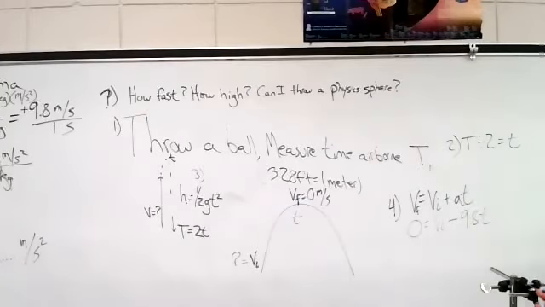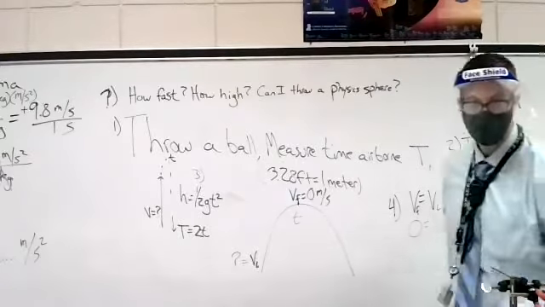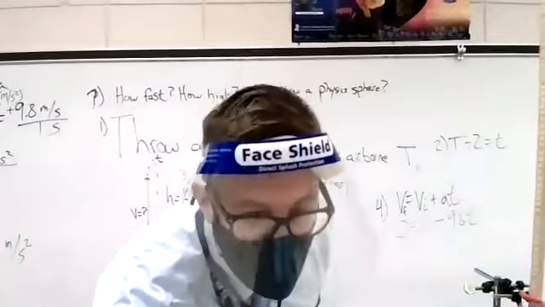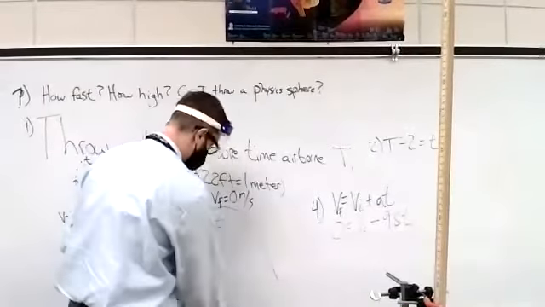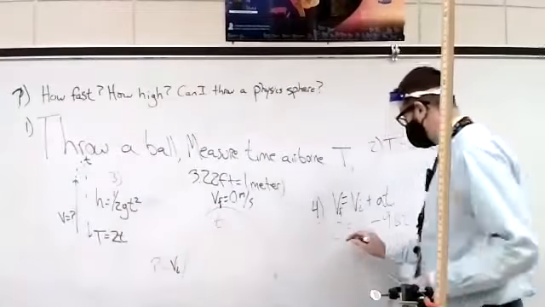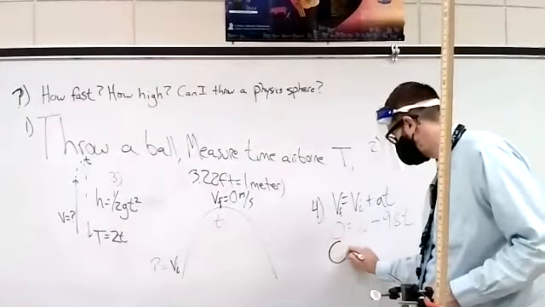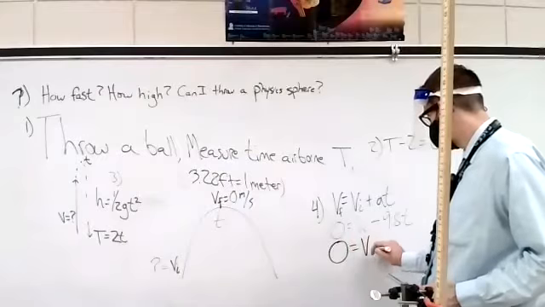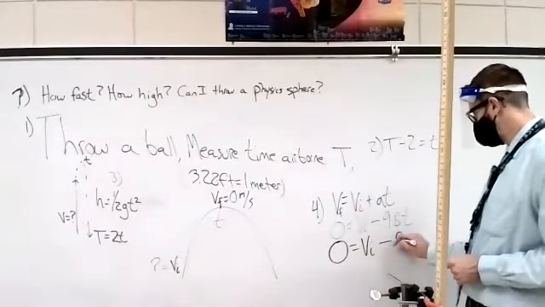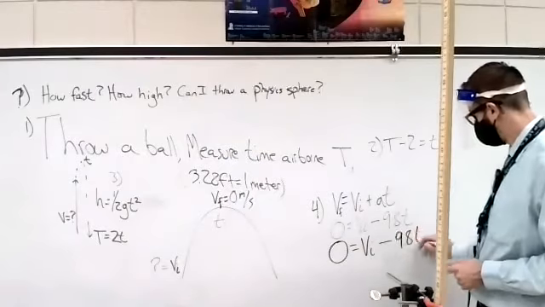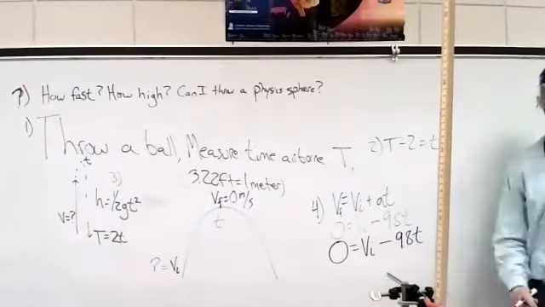So really, if you think about this, like you're going to throw the ball up with some initial velocity. And then gravity is going to act on it for a certain amount of time until it's 0.